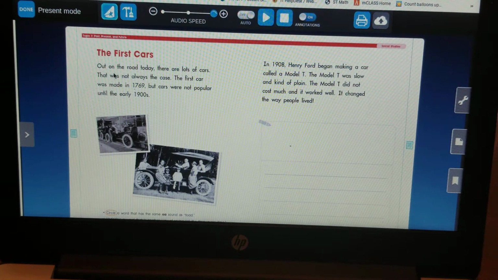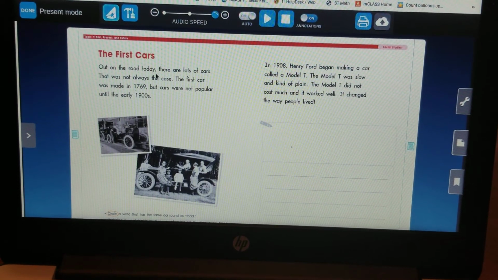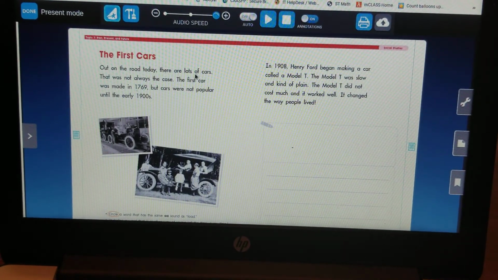Out on the road today, there are lots of cars. That was not always the case. The first car was made in 1769, but cars were not popular until the early 1900s.